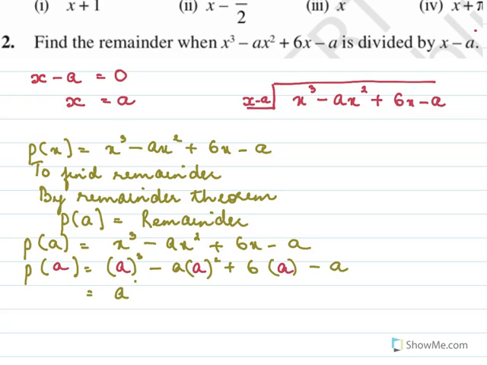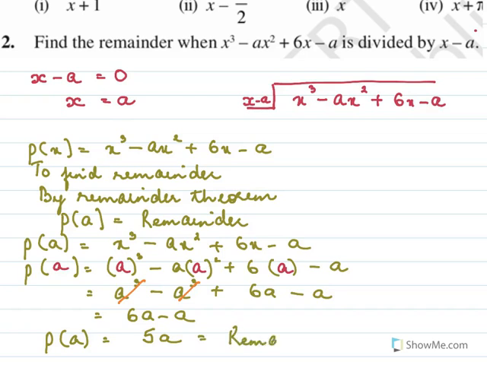So here you get a cube minus a into a square, which is a cube, plus 6a minus a. Now a cube minus a cube will cancel out, and what will remain is 6a minus a, which is 5a. So p of a gives us the remainder, and on dividing, the remainder would be 5a.